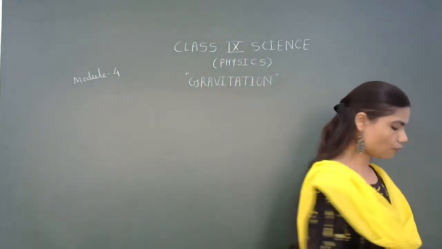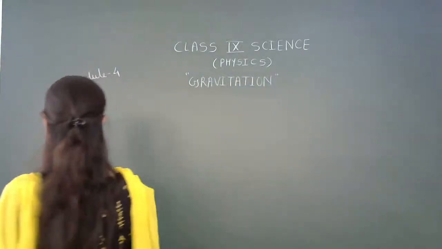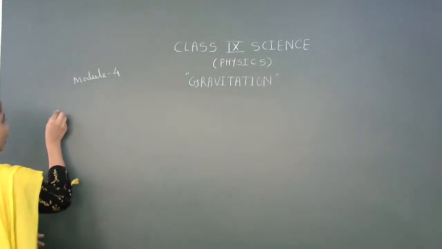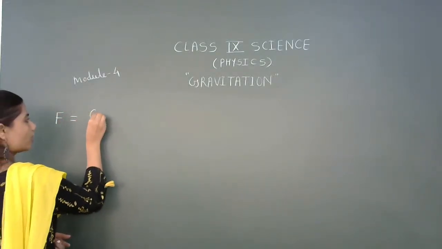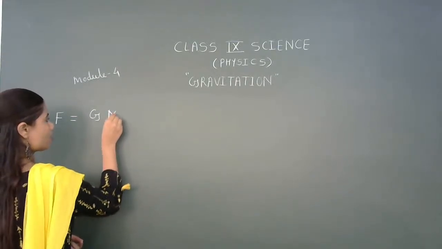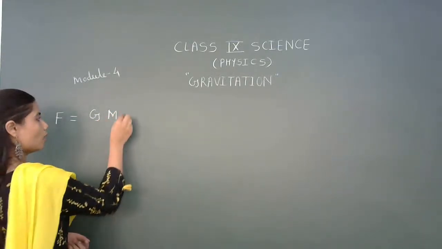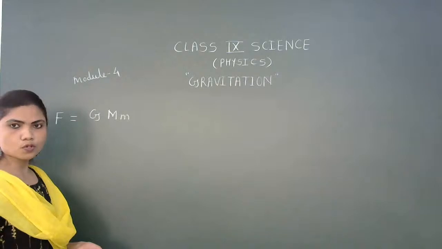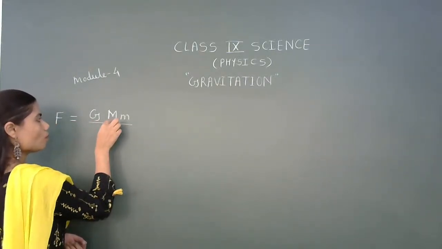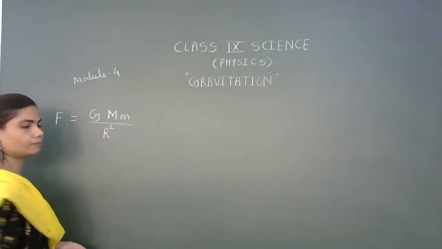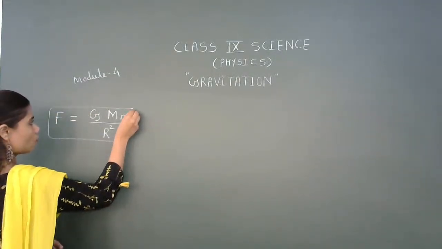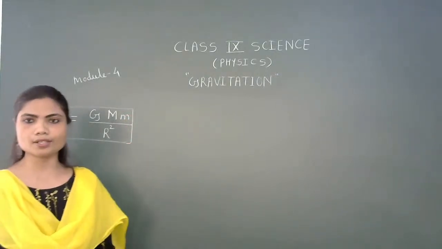That gravitational force can be understood by the formula F equals G, the gravitational constant, times the mass of the Earth, times the mass of your source object, divided by the distance between these two masses squared. This is the standard equation for gravitational force, the universal law of gravitation.